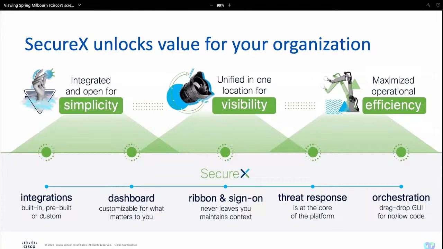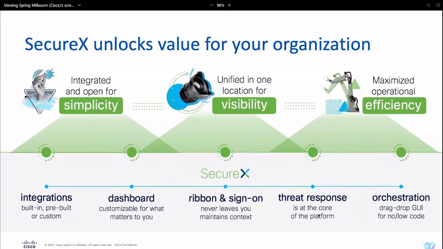On the left here, you can see with integrations, the system comes with built-in, pre-built, or custom integrations for a quick start. The dashboard you're going to find is highly customizable, providing visibility across the Cisco Secure portfolio. Moving into the middle with the ribbon, that offers a unified user experience, providing a simple way of maintaining your context between the individual consoles of each product.